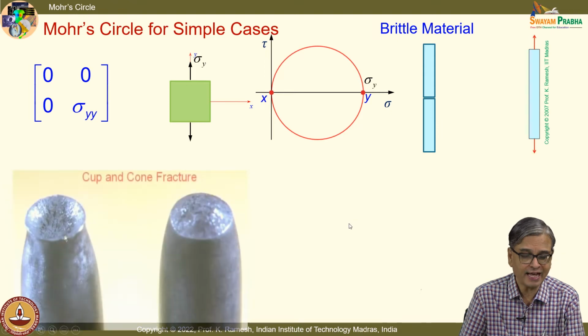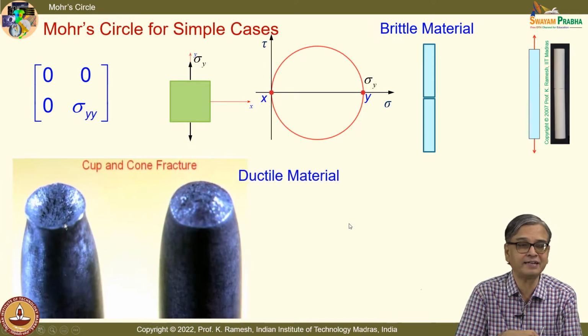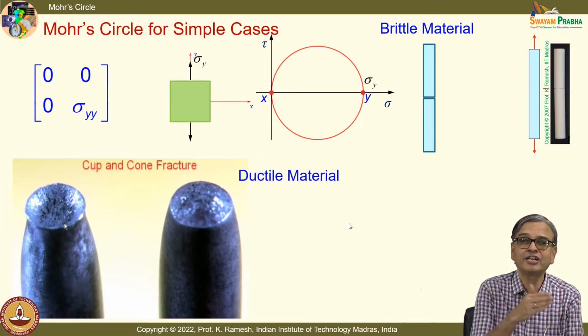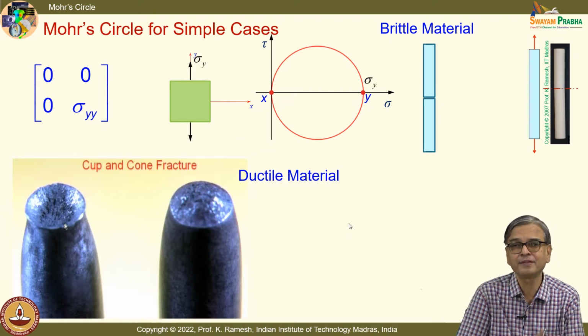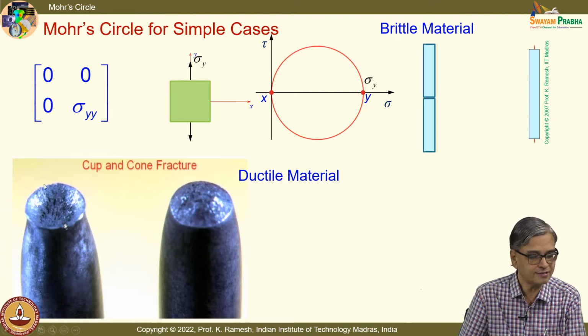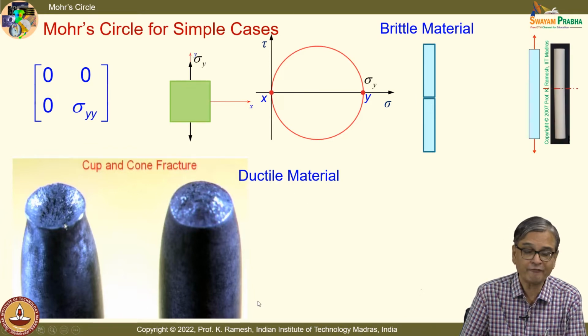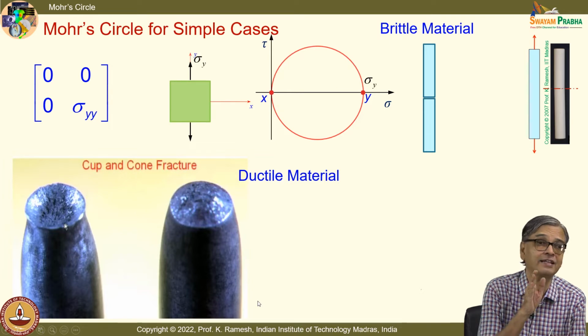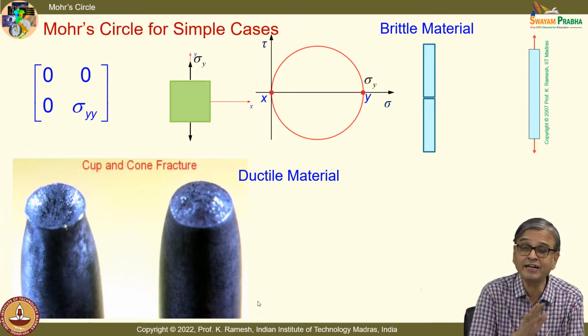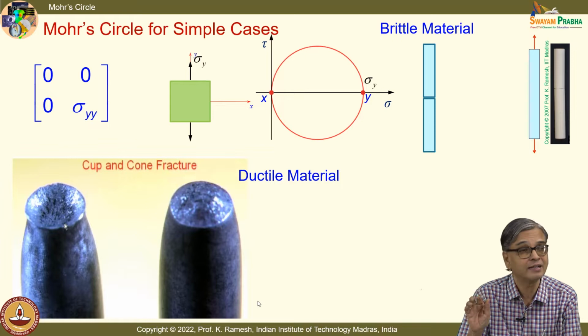Suppose I have a ductile material. We have also done the tension test, I have shown you the diagram, and I have also shown this. A ductile material does not fail perpendicular to this. So, the failure mechanism and the criteria are definitely different for a ductile material.